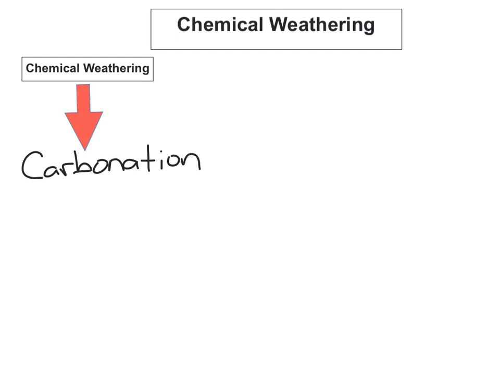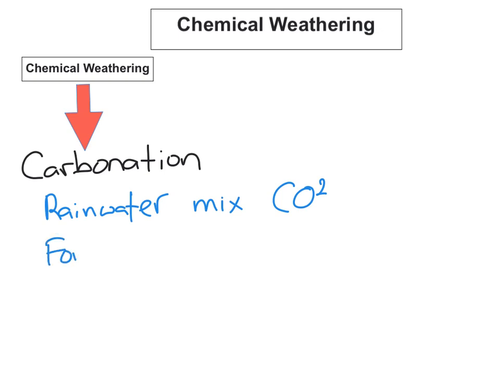So what is carbonation? Basically, you've got rainwater, and when the rainwater is falling, it mixes with carbon dioxide, CO2, and when it mixes with the carbon dioxide, it forms a weak carbonic acid.